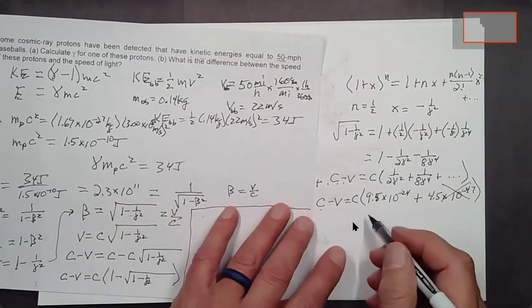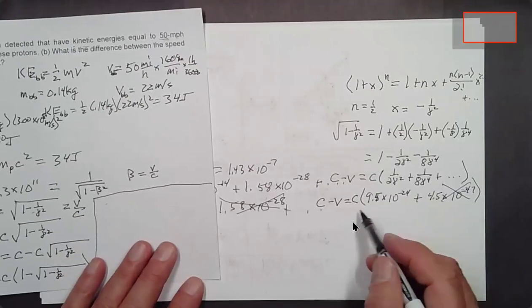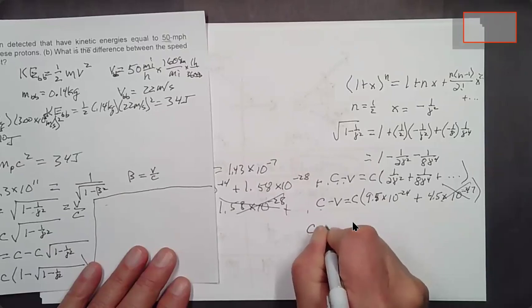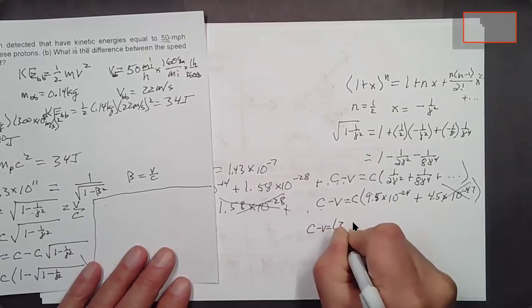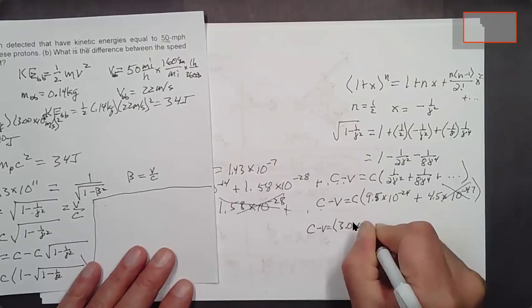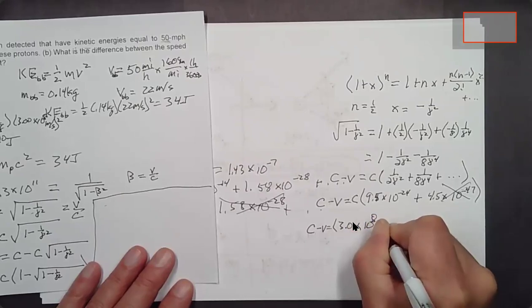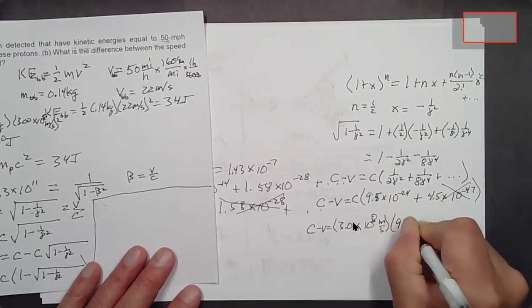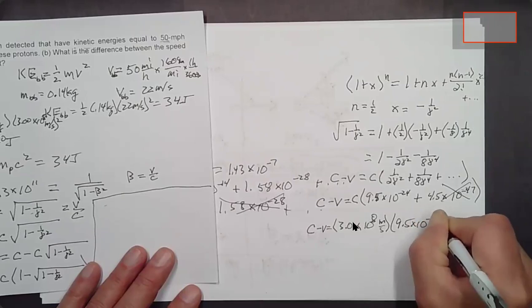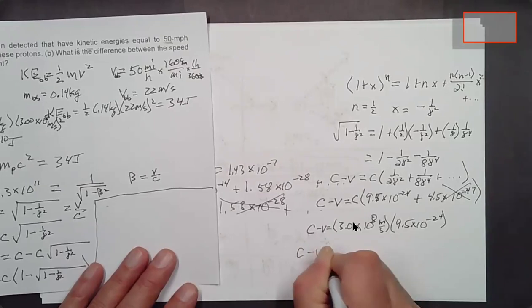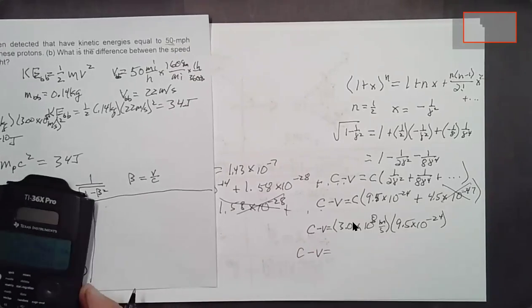And we just take c minus v is equal to this thing times the speed of light, or c minus v equals 3.0, I'm only going to keep 2 sig figs, times 10 to the 8th meters per second times 9.5 times 10 to the minus 24th. And c minus v is not going to be much.